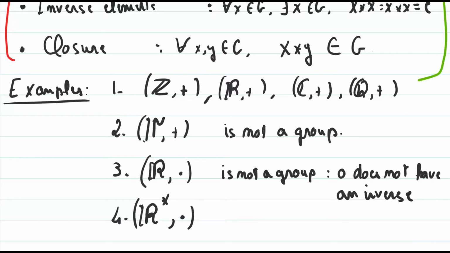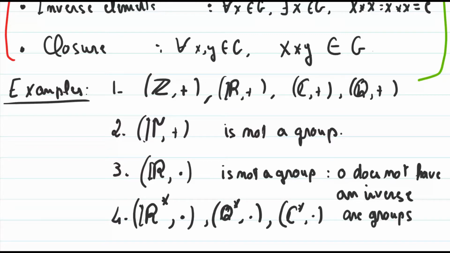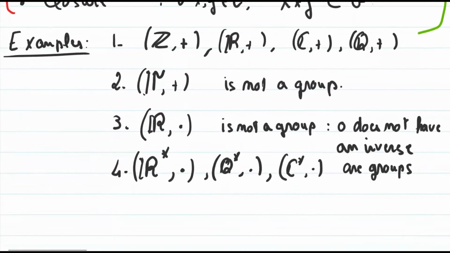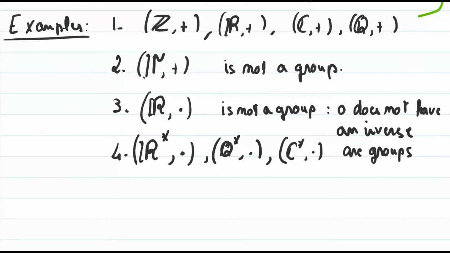If x is in R star, I can calculate 1 over x, because x is not 0. And 1 over x times x is the neutral element 1. And the other properties hold. I can say the same thing about Q star with multiplication and C star together with the usual multiplication. Those are groups.